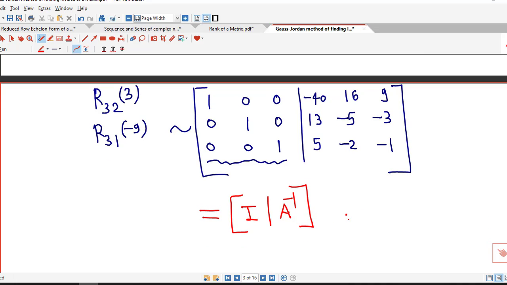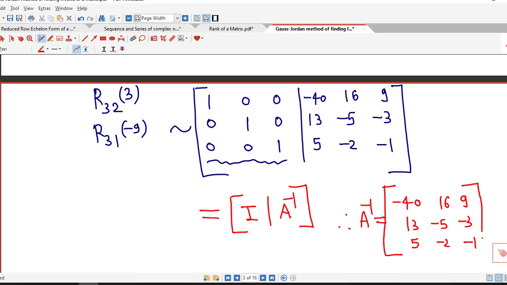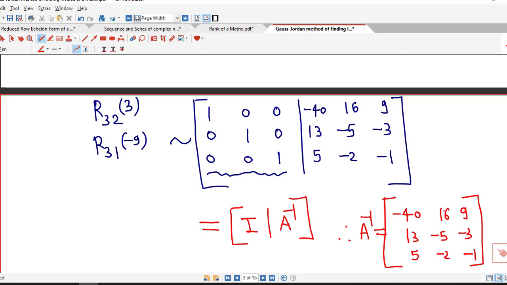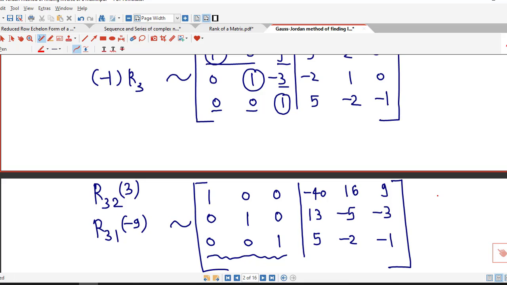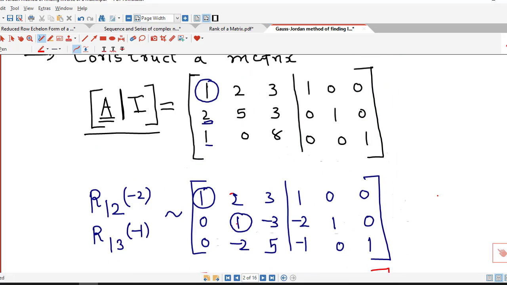Therefore, the inverse of the given matrix is -4 0 16 9 13 -5 -3 5 -2 -1. So in this way we can easily obtain the inverse of a given matrix by using the Gauss-Jordan method.